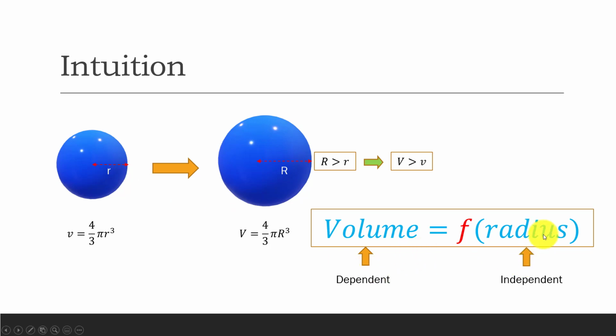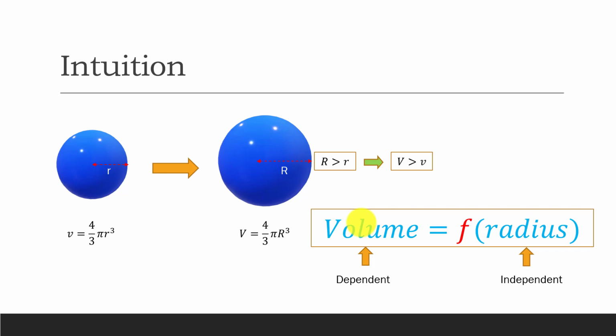We have something which has an impact on something else, and in real life you will see functions everywhere, like volume and temperature. For liquids, if we increase the temperature, the volume increases, right? So you will find functions everywhere in real life. That's why studying functions is really important.